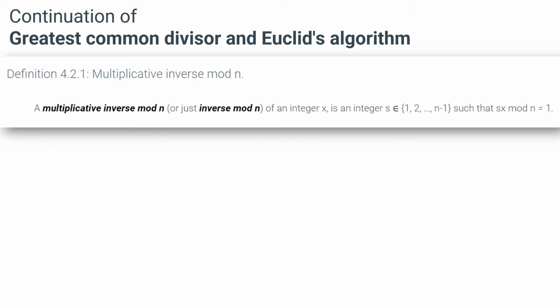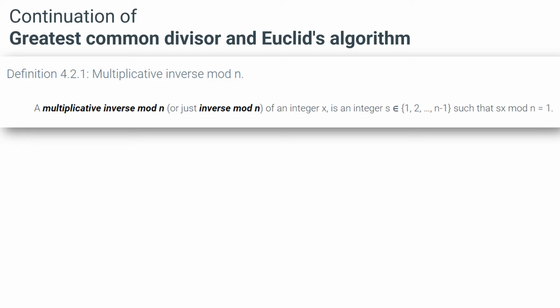So one thing new in this section is finding the multiplicative inverse mod n. Now I think you know what a multiplicative inverse in general is. If I have a 5 and I want the multiplicative inverse, that would be asking what times 5 gives me a 1, and that would be 1/5, because 5 times 1/5 gives me a 1. So this is similar, except that we're applying a mod n at the end.